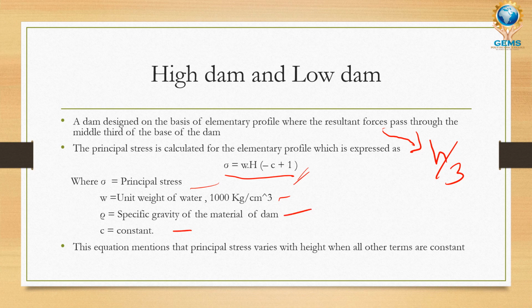This equation mentions that the principal stress varies with the height when all other terms are constant. Only H varies, the others are constants. They do not vary, they remain the same. Understand.